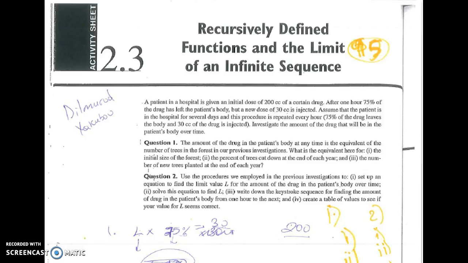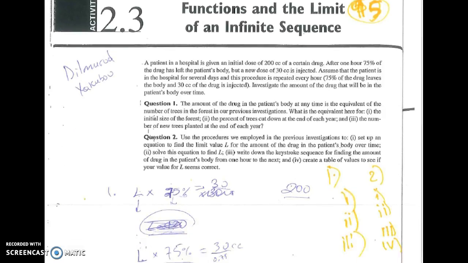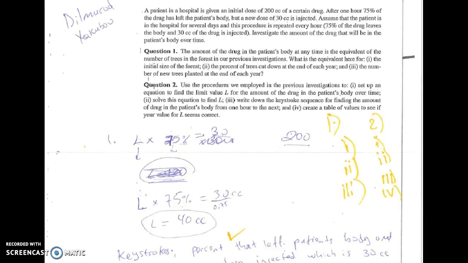So we had to find how many cc's are kept in the patient's body throughout the hours, and we had to create a function here. As you can see, L is the amount of drug in the patient's body times 75% equals 30.